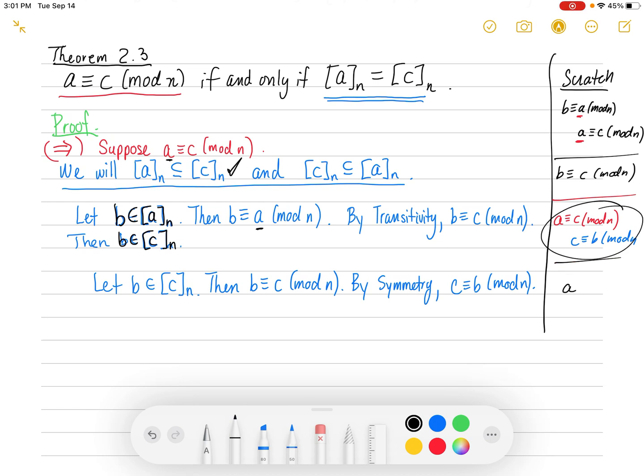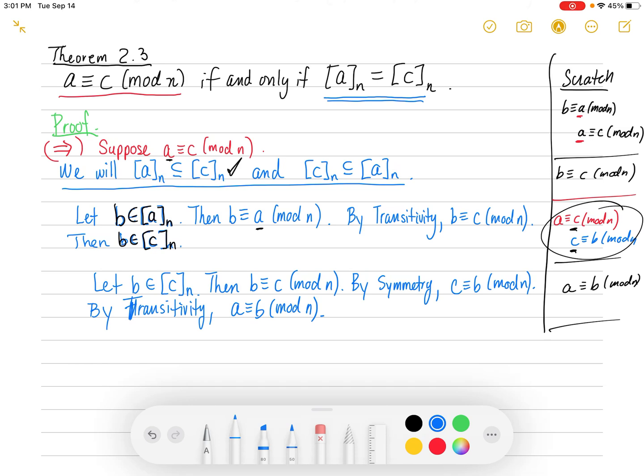So from these two, we can conclude that A is congruent to B mod n. Why? Because these two in the middle match. This is using transitivity. So I'm going to say here, by transitivity, and now I'm back to my proof, A is congruent to B mod n.